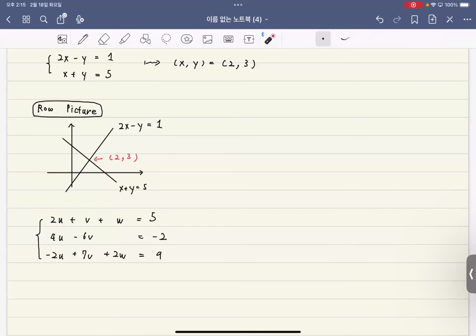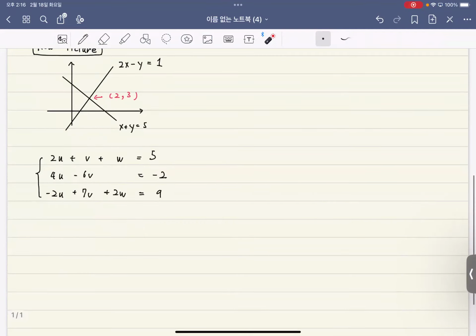What I have here is a system of linear equations consisting of 3 unknowns and 3 equations. Let me try to draw a row picture of this problem. Here I have 3 unknowns, 3 free variables, so without any constraints, everything should be in 3 dimensions.